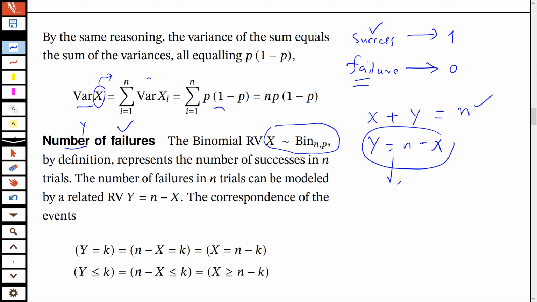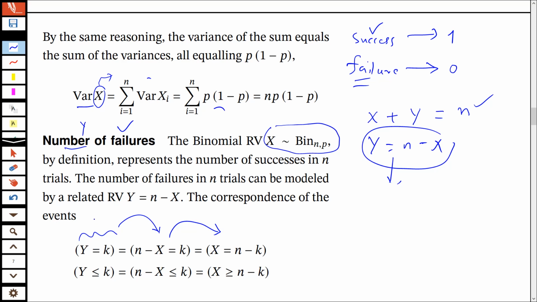So if I'm interested in the PDF, I will have to analyze this event, y equals k, which means the event that I have k failures. Now k failures can be rewritten in terms of x, y is n minus x. Now that means that I can have n minus k successes. Yeah, x is the number of successes.